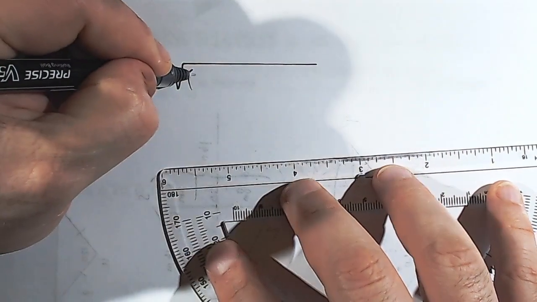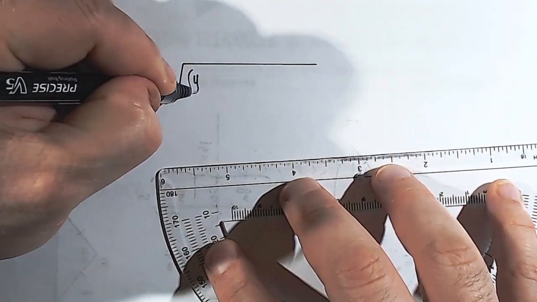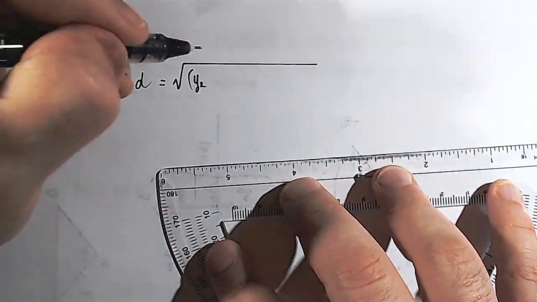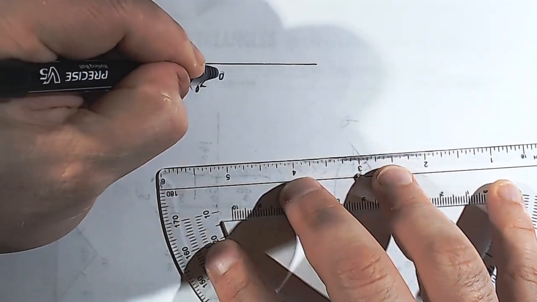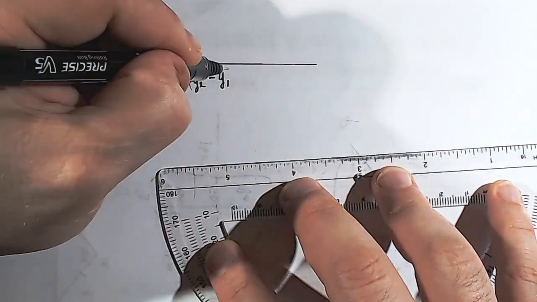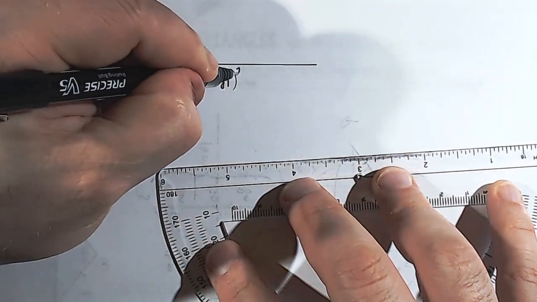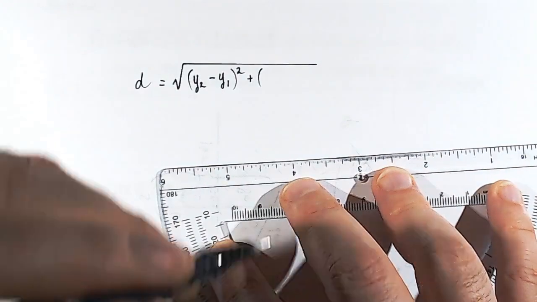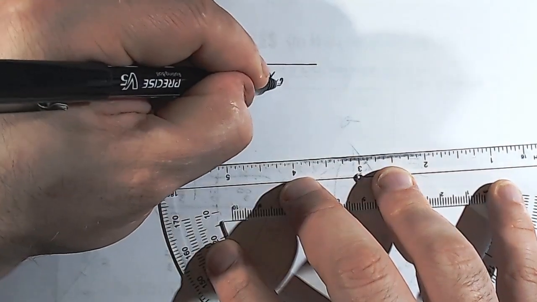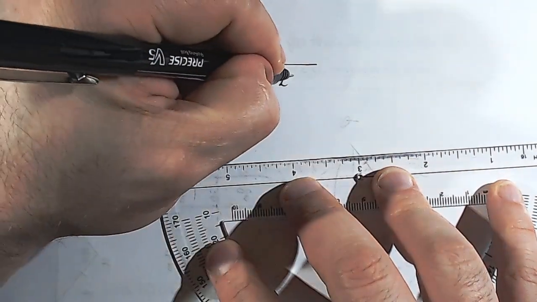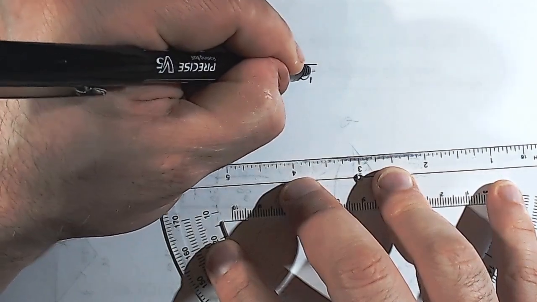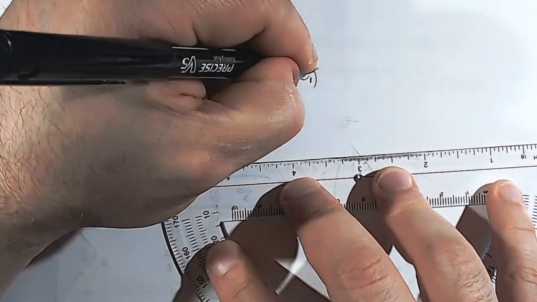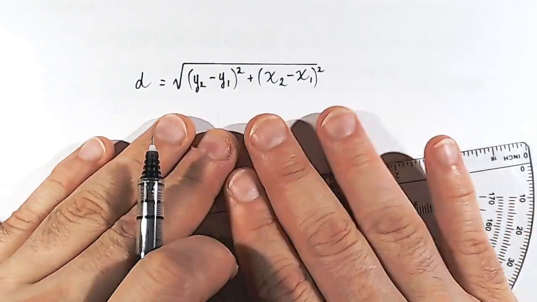So what that looks like is open parentheses y2 minus y1 close parentheses squared plus open parentheses x2 minus x1 close parentheses squared. Okay, so this is the distance formula.